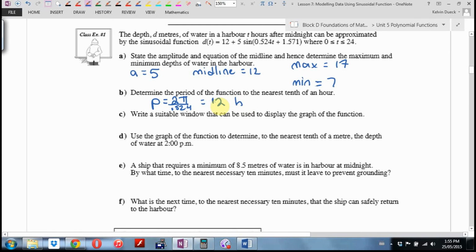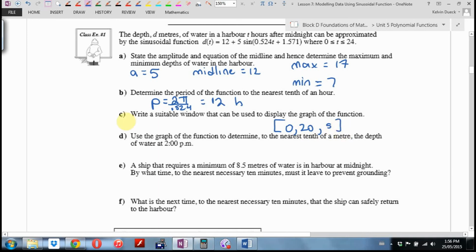Okay. What's the highest this graph gets? What's the lowest this graph gets? So if I was doing a suitable window, I think I would still start 0 high. But what's the highest it gets? What's a nice number above 17? I would go from 0 to 20, maybe go up by 5s.